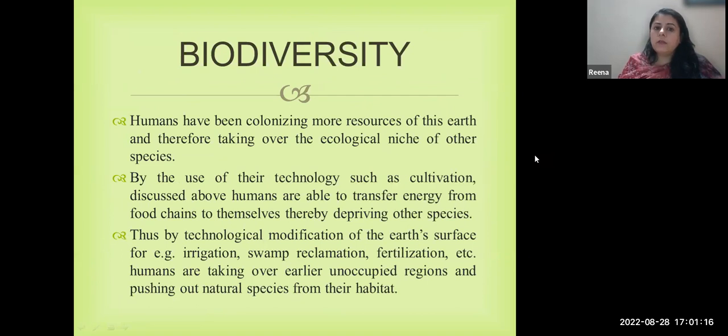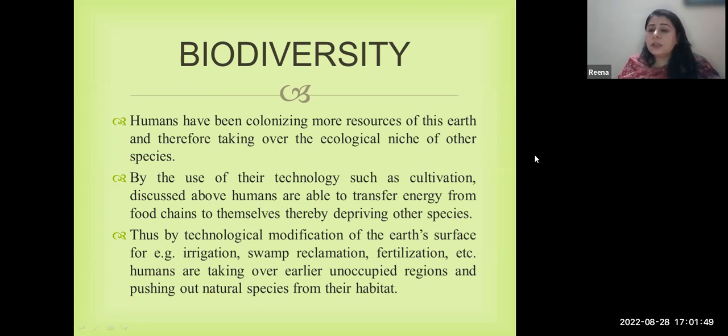So coming to biodiversity now, as human beings are colonizing more resources of the earth, they are taking over the ecological niche of other species. So again, there are many challenges imposed by these natural species, like our wild population comes to our farms and areas, and they kill children of villagers, like in areas where the tiger population is high.